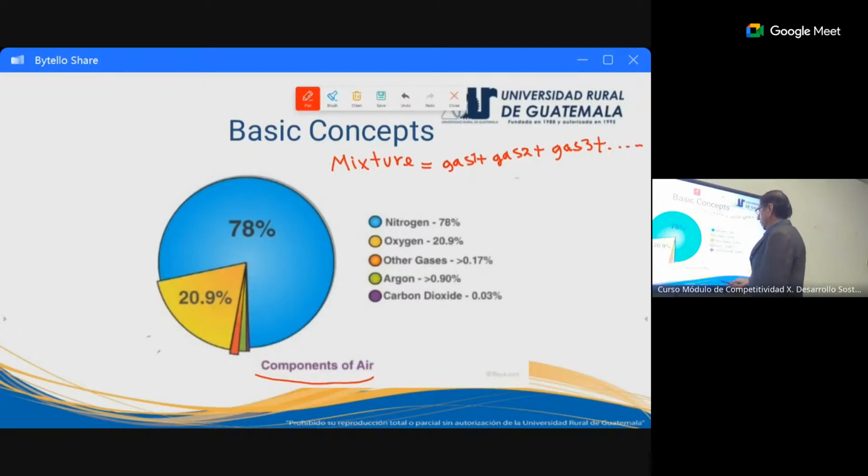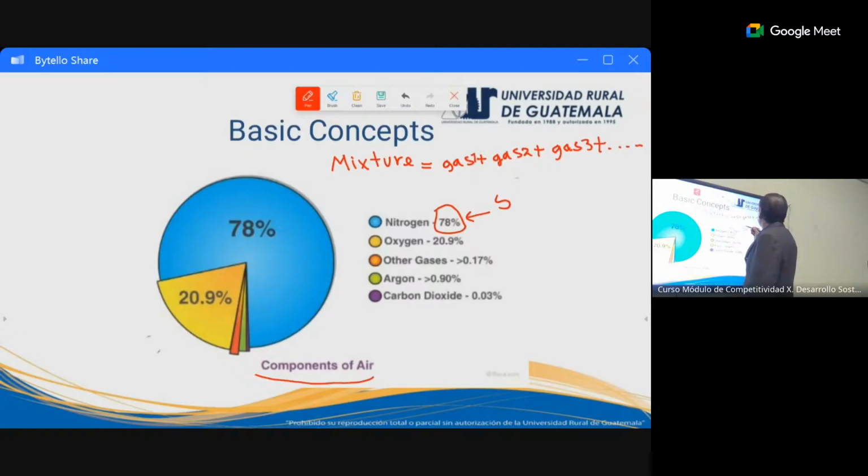So in this case, we have that the air is compounded by nitrogen with 78%. So here in this mixture, we are going to say that this will be the solvent.